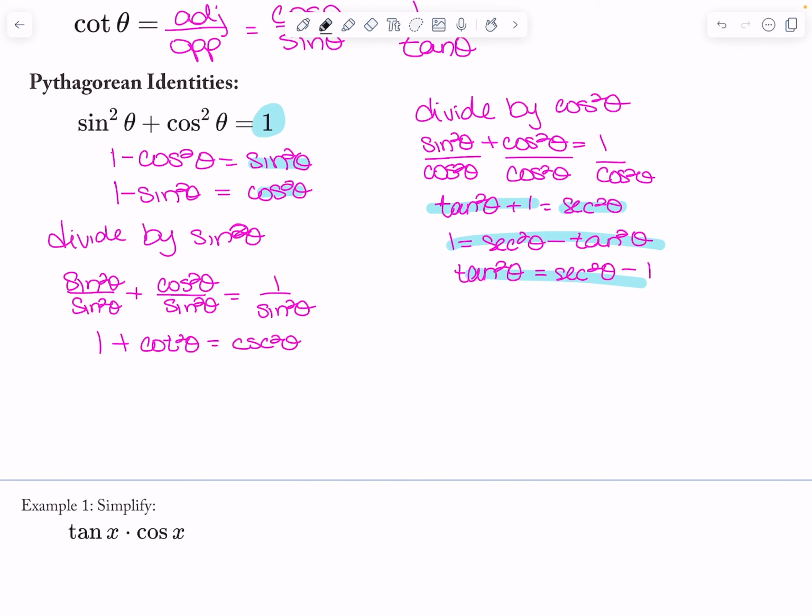And so then I can have another identity here. I can subtract again. I get 1 is equal to cosecant squared theta minus cotangent squared theta. I can also say that cotangent squared theta is equal to cosecant squared theta minus 1. So now I have a few more identities that I can look at.